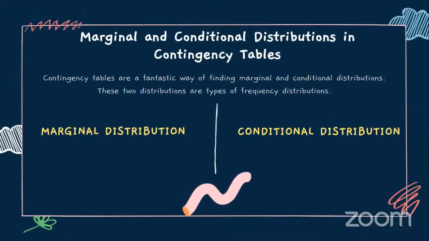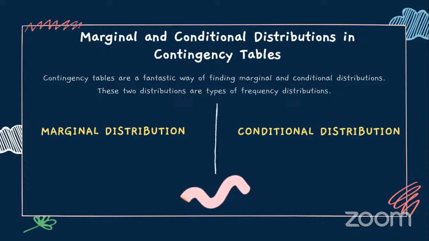Marginal and conditional distribution in contingency tables. Contingency tables are a fantastic way of finding marginal and conditional distributions. These two distributions are a type of frequency distribution. Marginal distribution: these distributions represent the frequency distribution of one categorical variable without regard for other variables.